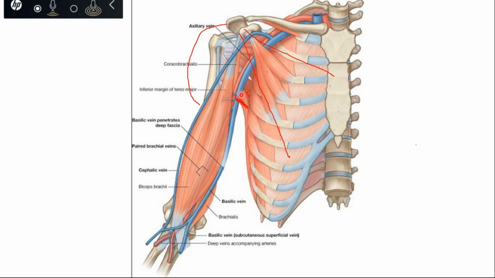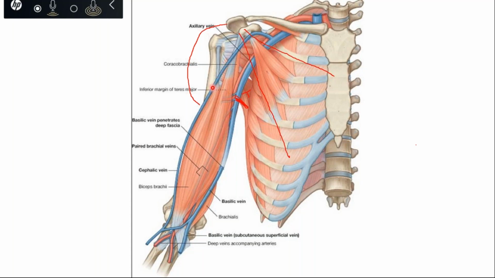Here you can see it is joined by another vein called the brachial vein. You can see some smaller veins joining here; those are the brachial veins. And if you go above the axillary vein, you can see a vein which pierces the clavipectoral fascia and then joins the axillary vein.